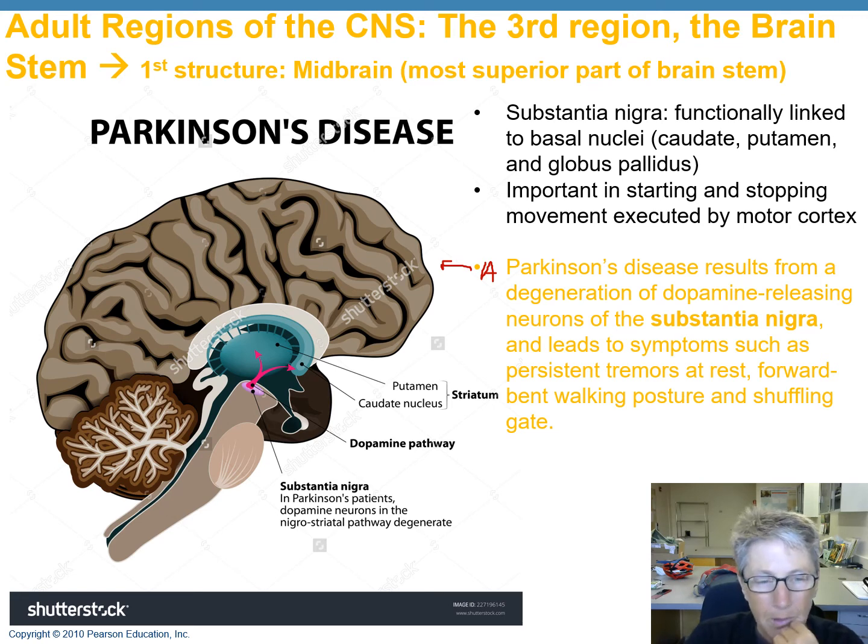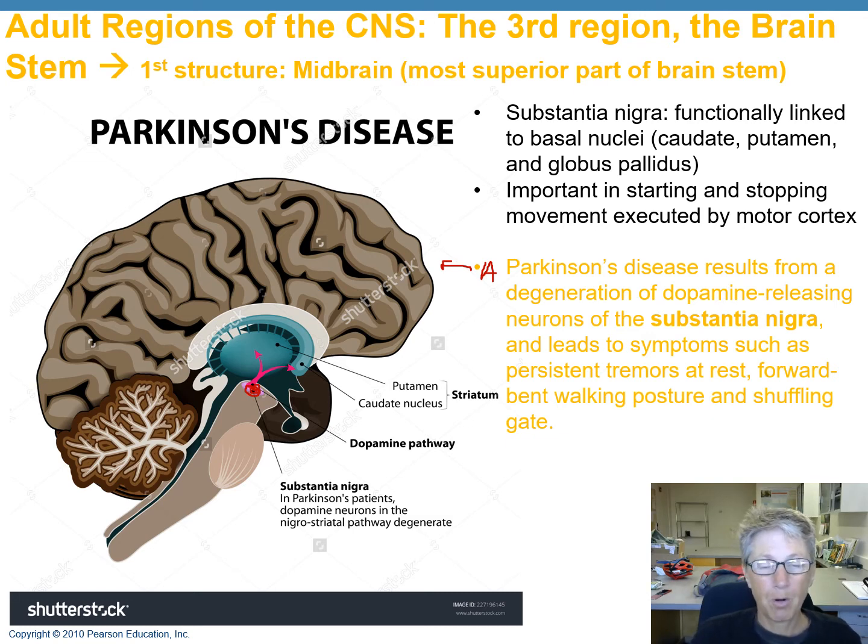Within that area there's a dopamine pathway called the substantia nigra, which is linked to the basal nuclei that we talked about, and it's important in starting and stopping movements. In Parkinson's disease, you have a degeneration of these dopamine-releasing neurons.